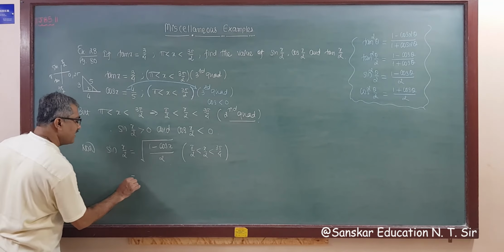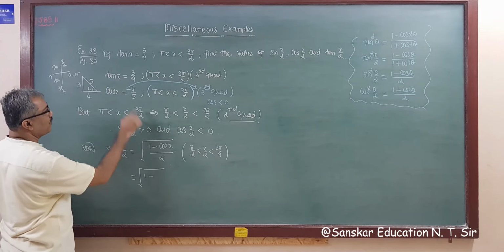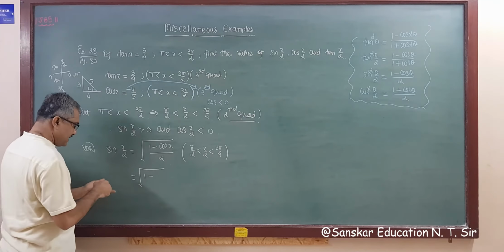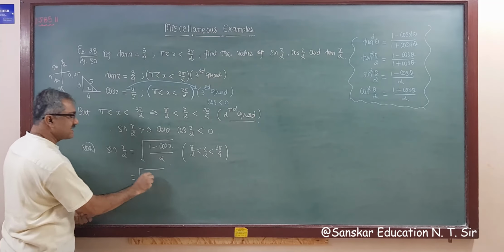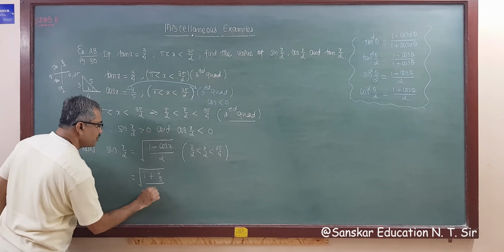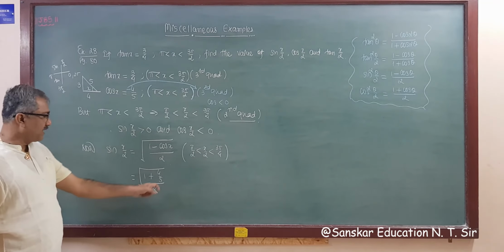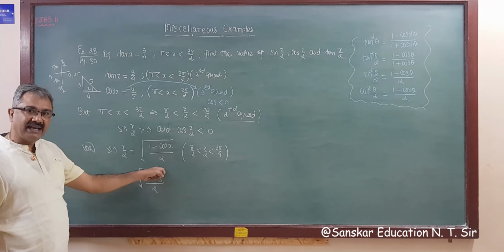So substituting this value, this is square root of 1 minus, and cos is minus, so minus minus becomes plus 4 by 5 divided by 2. So taking LCM, 5 plus 4, 9.